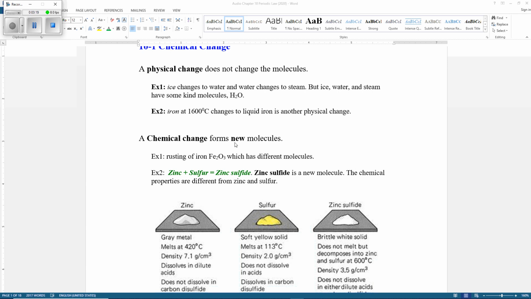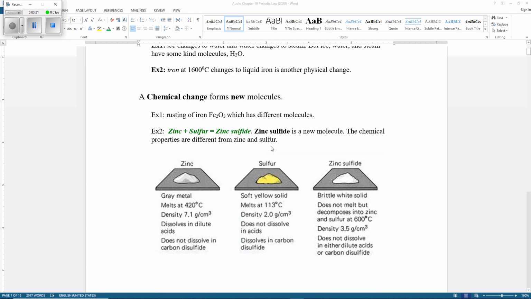Chemical change, new molecules. Here is an example: when iron combines with oxygen, that's rusting. See what happens: before, you have two separate molecules.